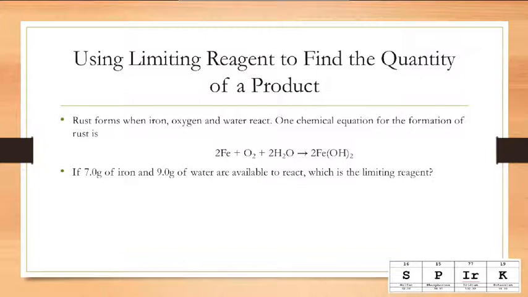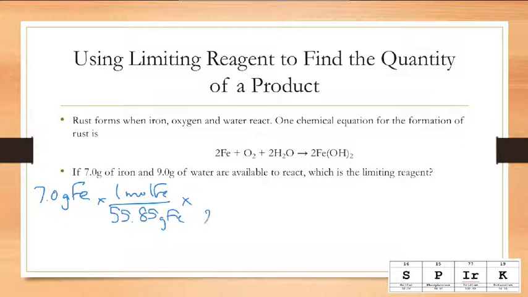So we're going to start this the same way as we did the last one. We're starting with 7 grams of iron, and we need to get to moles. The molar mass of iron is 55.85 grams per 1 mole. And now our mole to mole ratio of iron to iron 2 hydroxide.